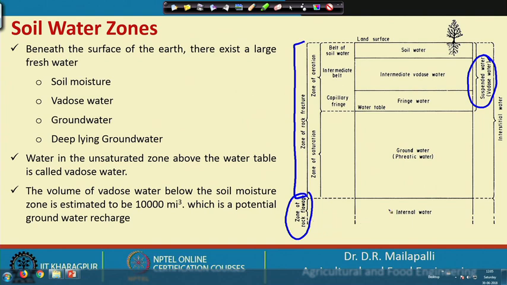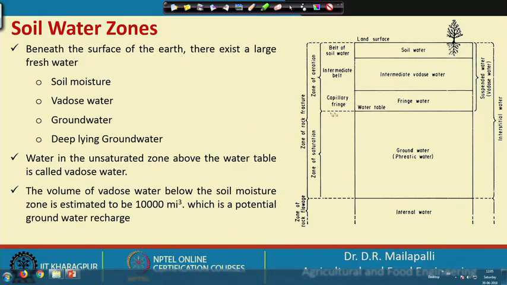This water will not be available for utility. This way we understand what kind of water is present in the soil: soil water, intermediate zone, capillary fringe, groundwater, and then the unavailable deep groundwater zone.